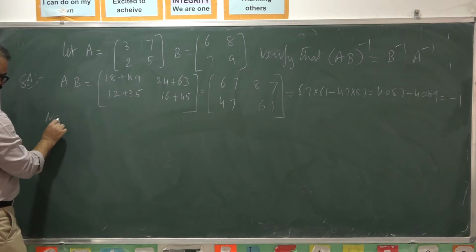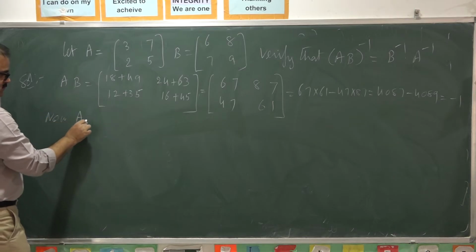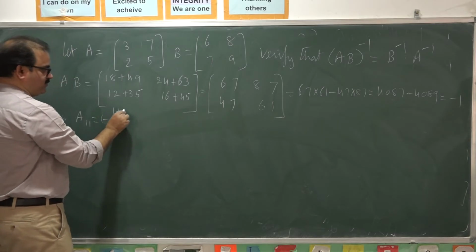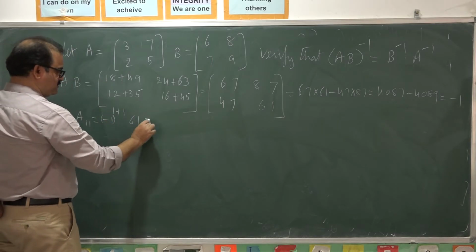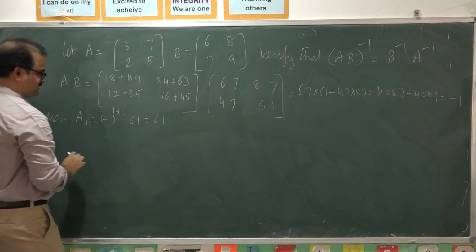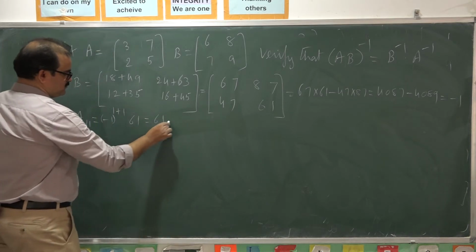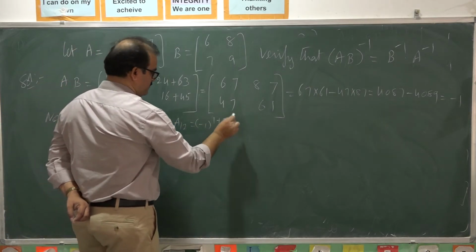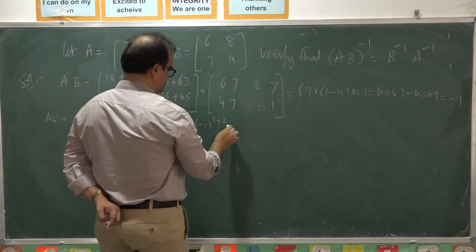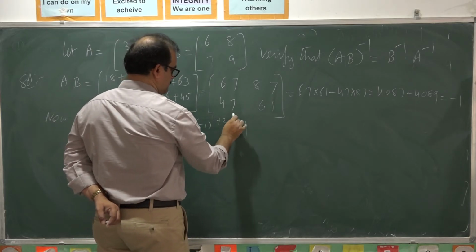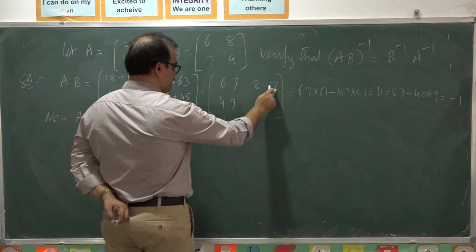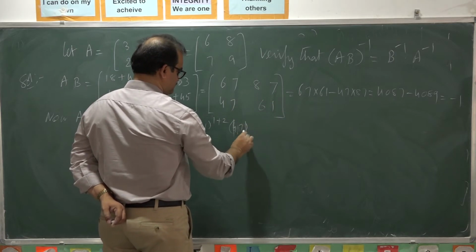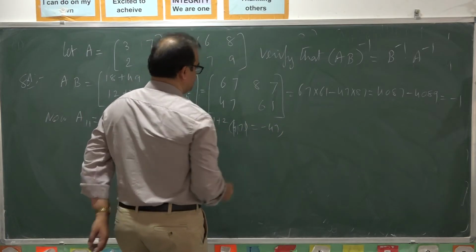Now A11 is equal to -1 to the power of 1 plus 1 into 61, 61. Next A12, -1 to the power of 1 plus 2 into, you delete first row and second column, what we get? 47, minus 47.